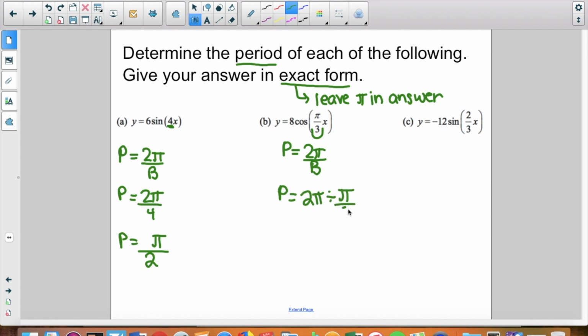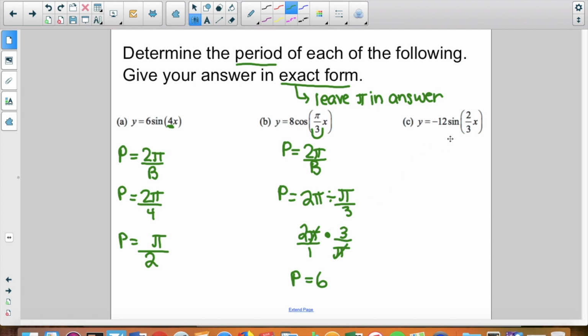So we know to use keep, change, flip. So we keep, we change, we flip. Now when we do this, you can write 2 pi over 1. The pi's end up canceling out because 1's on the top and 1's on the bottom. So you just have to do 2 times 3, which is 6. So the period is 6.